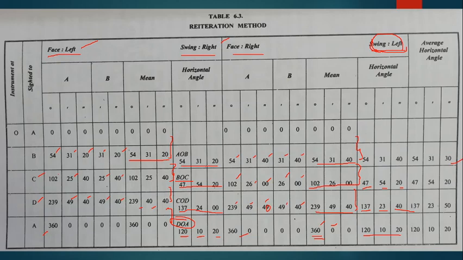You can observe angle AOB has 20 seconds here and 40 seconds here, but in the average you will get 30 seconds. Similarly 20 seconds here, 20 seconds, therefore 20 only, and 0 and 40 therefore 50. And 20 and 20 therefore 20 as it is. So like this you will get four angles. These are the required accurate horizontal angles.